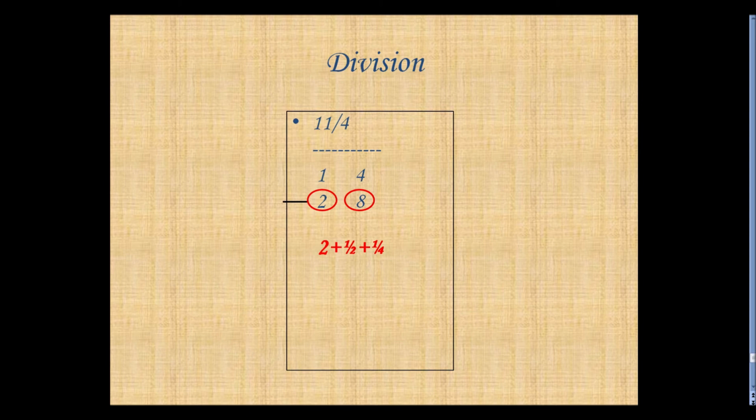Okay, if we write 2 plus 3 quarters, he will give each one 2. And then what will he do with the other ones? Will he divide each one in 4 quarters and give 3 from those quarters to his clients? That could be, but you'll find that it is actually easier to know that he should give 2 loaves plus 1 half loaf plus 1 quarter loaf to each one.